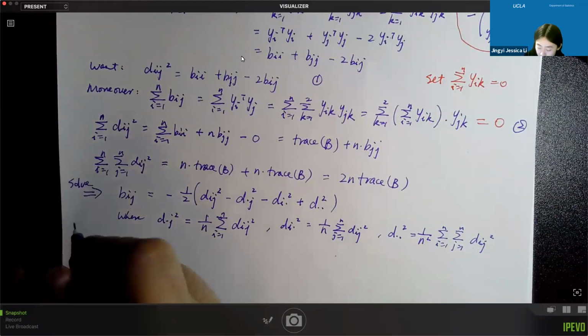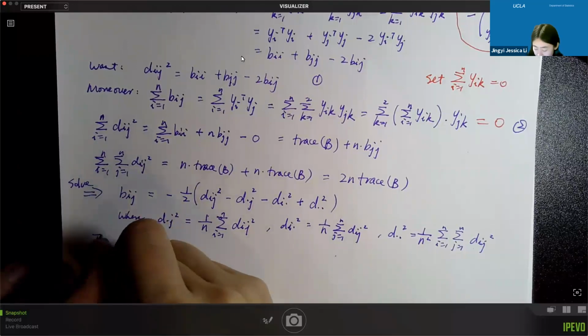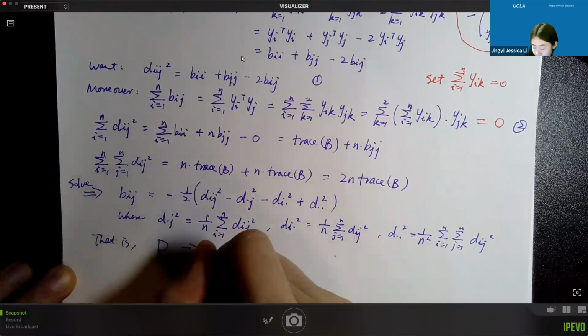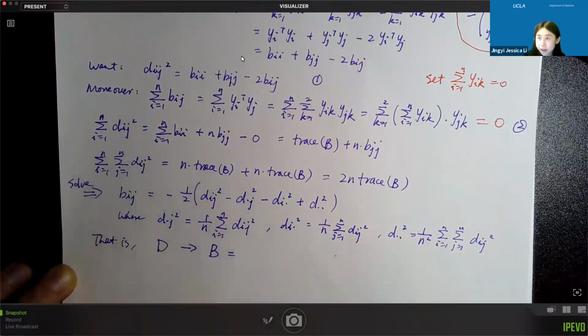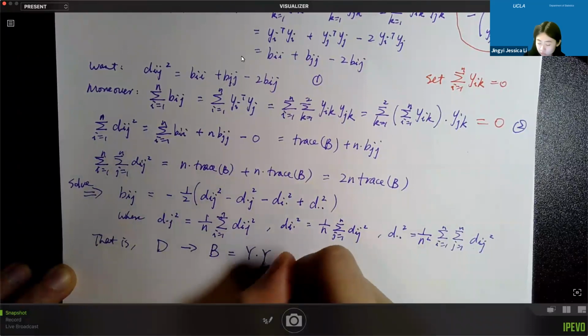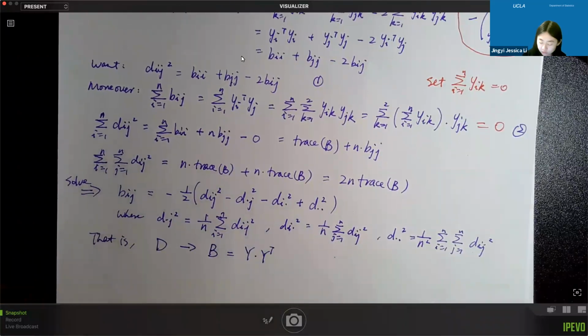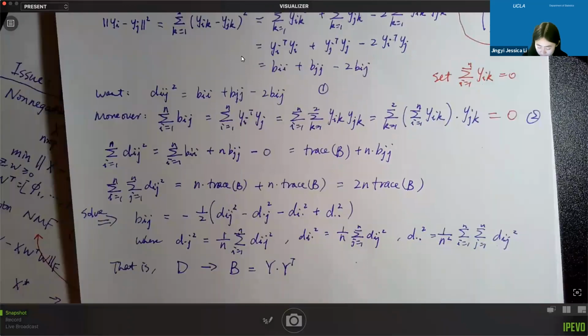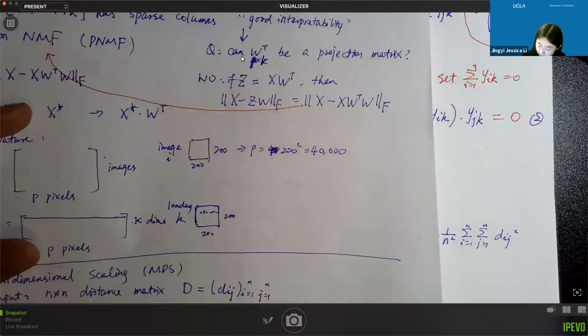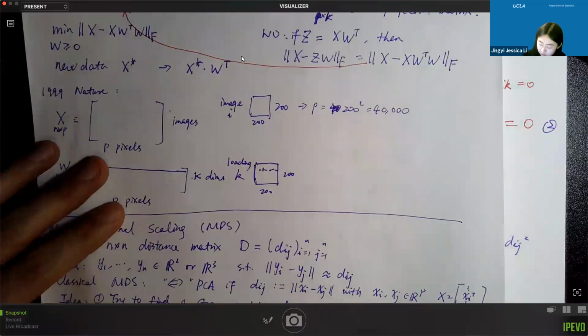So what I conclude is that I can go from D to B, and my B is defined as Y times Y transpose. That's the definition of the Gram matrix right here.